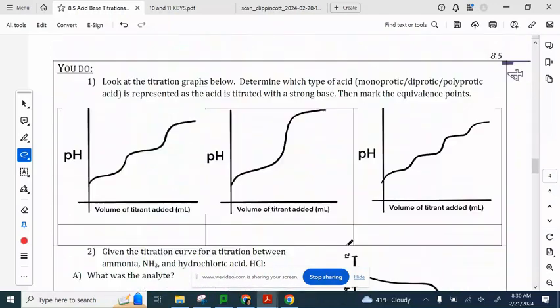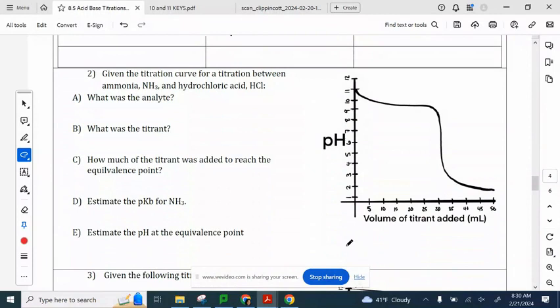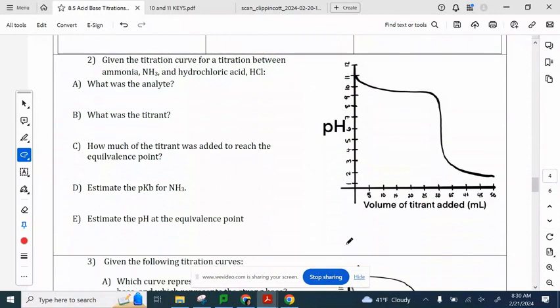Okay, so let's look at number 2 then. Here we have our titration. The first thing I'm going to do is find that equivalence point. They want to know what we're analyzing. So for the given titration, what are we analyzing?